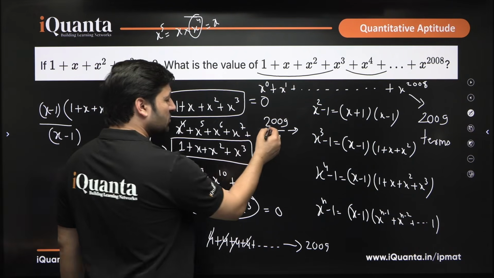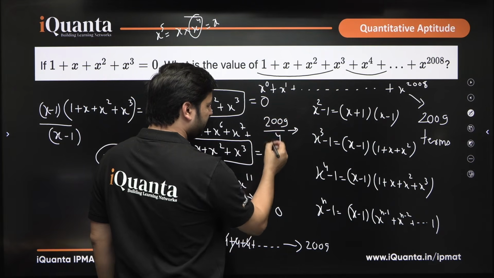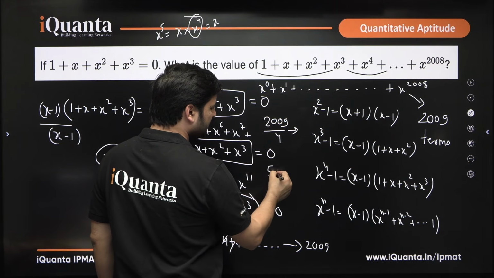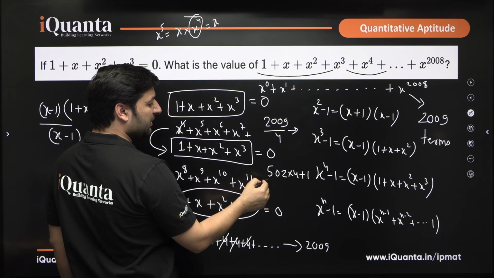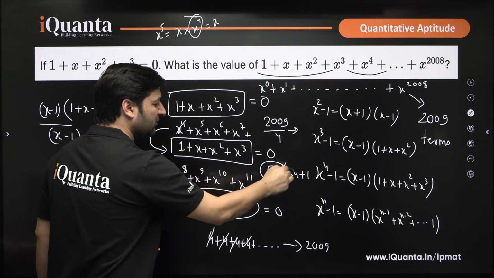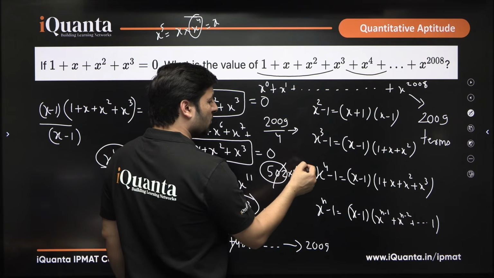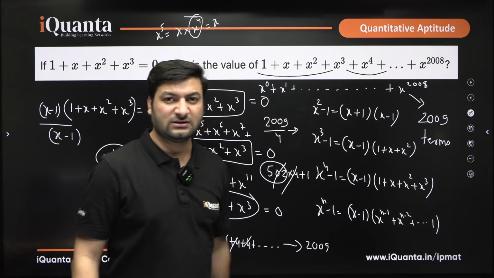If you divide 2009 by 4, you get 502 into 4 plus 1. There will be 502 groups of 4 terms, all of them having value 0. Just one more term will remain, and that term will be nothing but the last term, x to the power 2008.